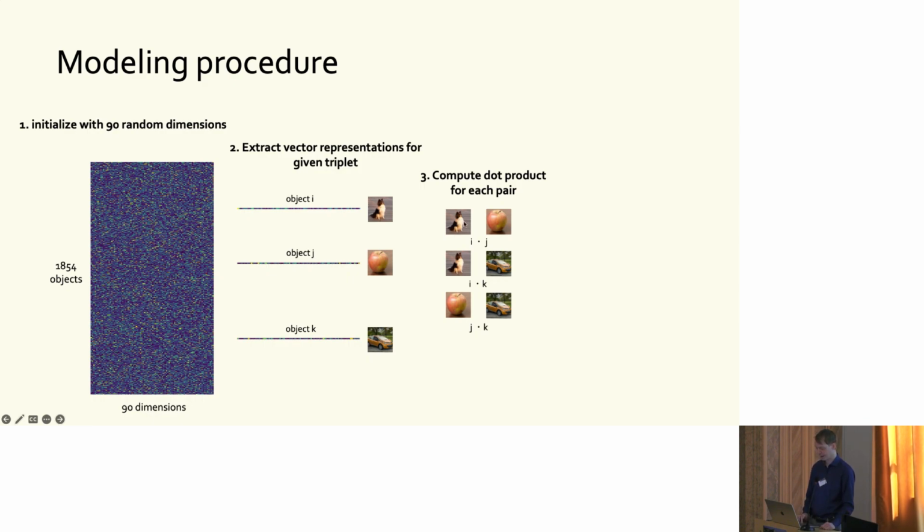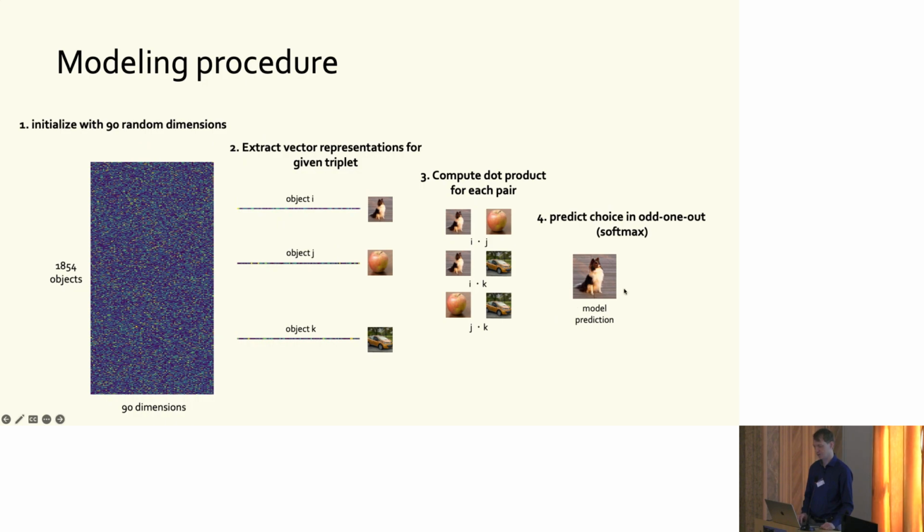So this means if this pair here is very, very similar to each other, then the other one should be the odd one out, right? And then finally, we're predicting the choice in the model. So in this case, it might be the dog is predicted by the model, which is obviously completely random. But in actual fact, the participant was choosing an apple.